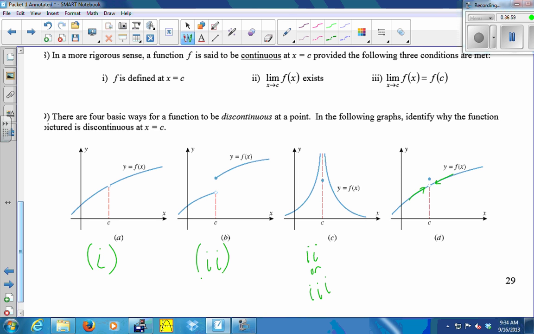Number 1, the function is defined. There is a value of the function at c. So at c, there is a y value. The limit from the left equals the limit from the right, but they're not the same, right? The value that the function is approaching as x gets close to c and the value of the function at c are two different values. They're not equal, so 3 is the reason it fails.